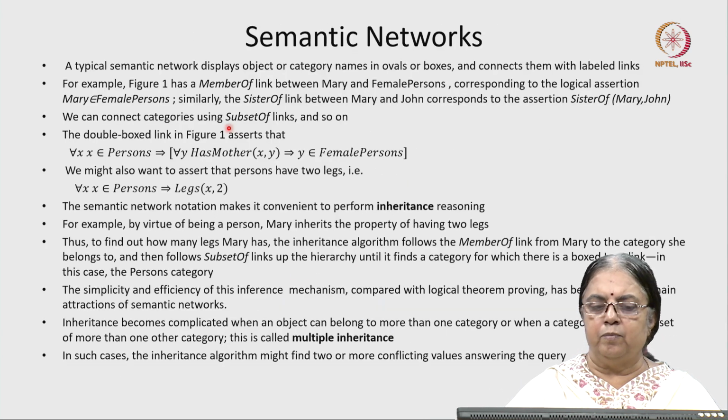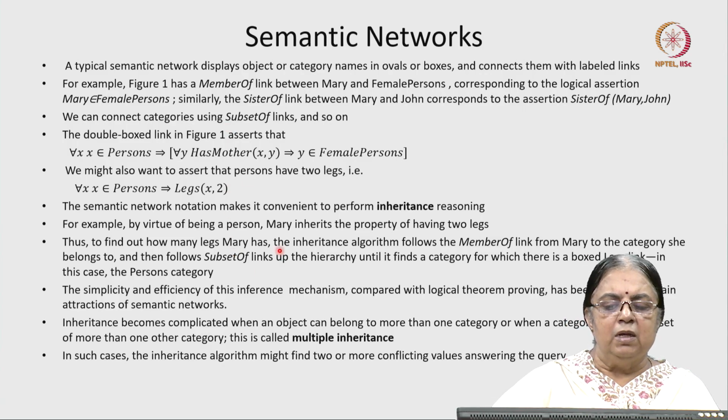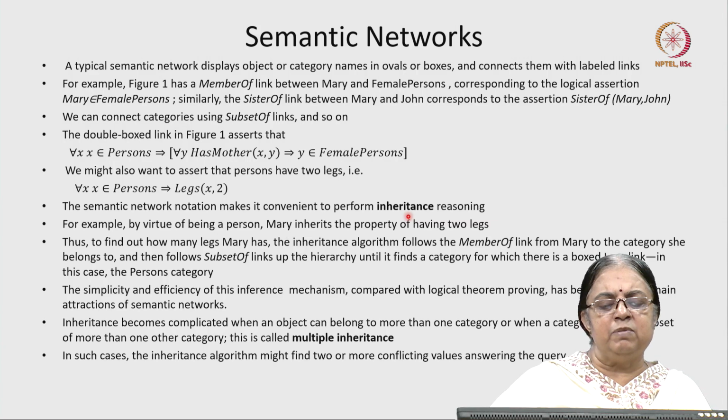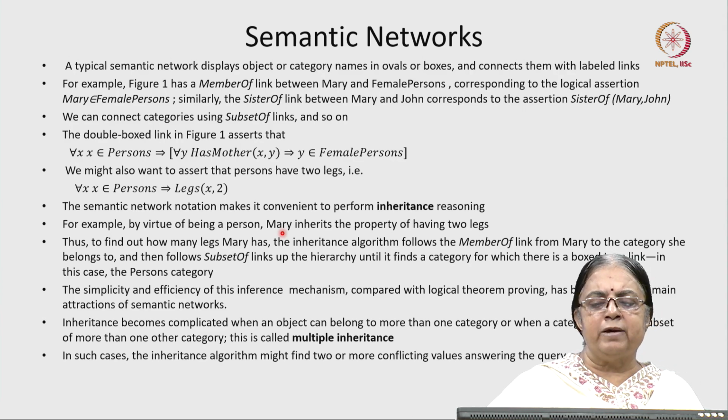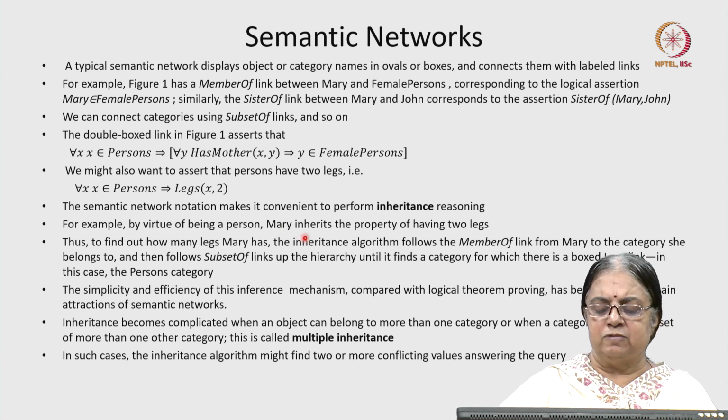So, what happens is you have the inheritance reasoning that can be taken care of over here. For example, suppose you want to know how many legs Mary has. So, what you do is you go backwards from Mary till you find the information about the legs.